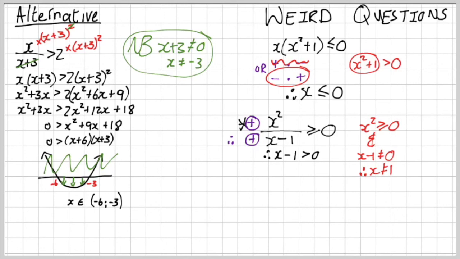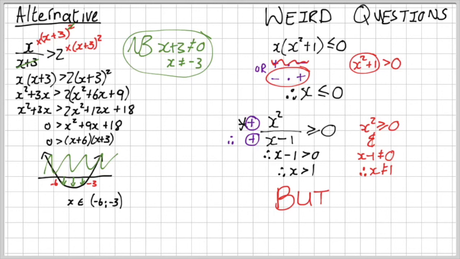I don't include equal to 0 because x may not be equal to 1. That's a restriction. But now x is bigger than 1. Most of you would go, whoa, I'm done, sir. Not completely done, ladies and gents, because there's a little bit of a big but.